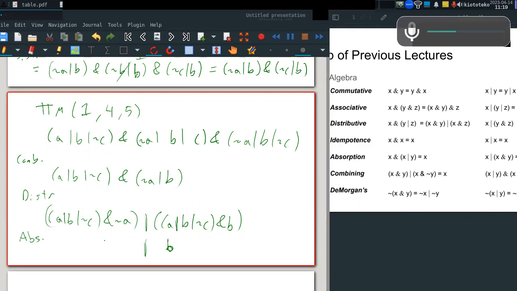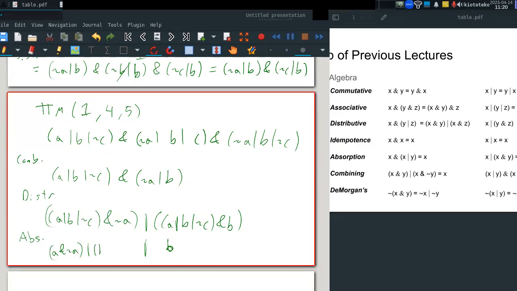And here I guess we can distribute again. So we would have A and not A, or B and not A, or not A and not C. Okay, so this becomes 1.